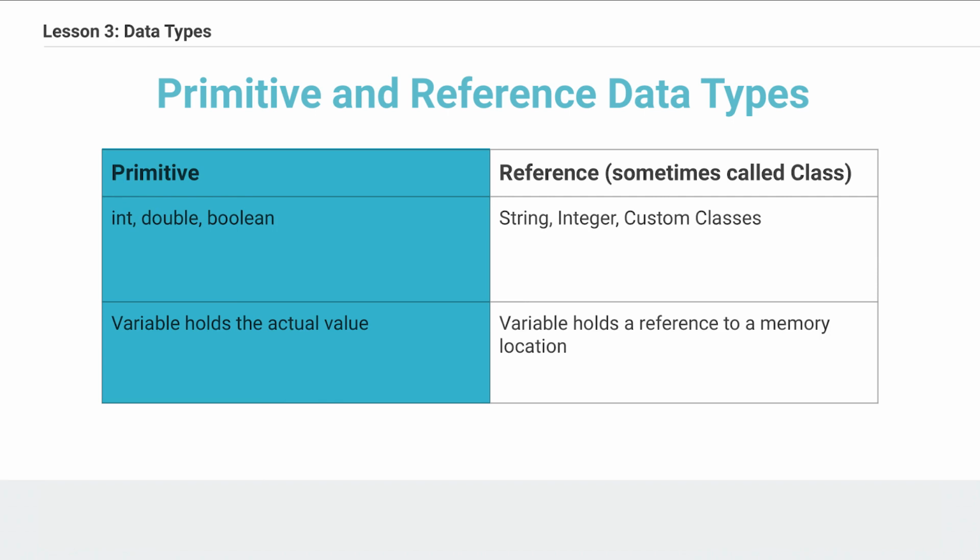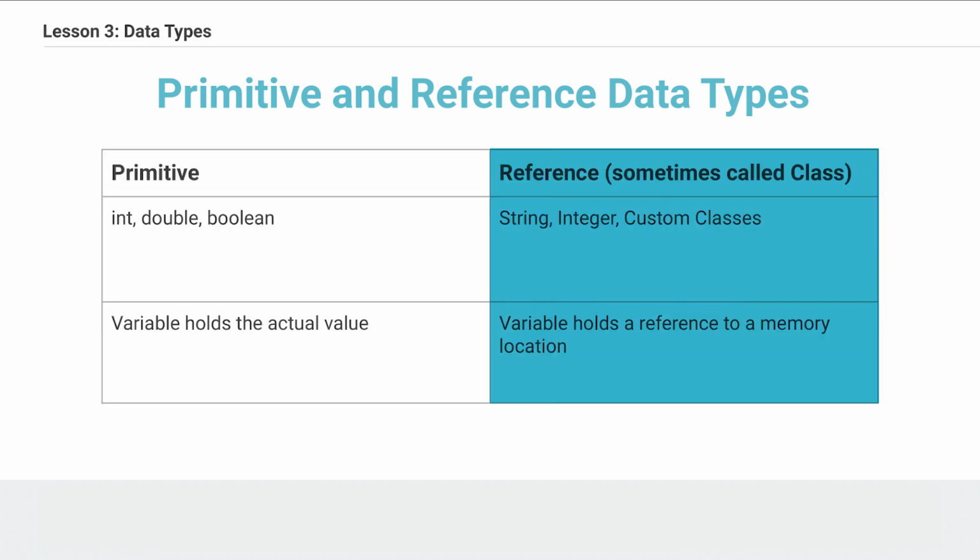So the thing to remember about primitives is that when you create a primitive value, the variable that you are using to store that information is holding the actual value. When you create a reference data type, the variable you create holds a reference to a memory location where that information or that string is stored.